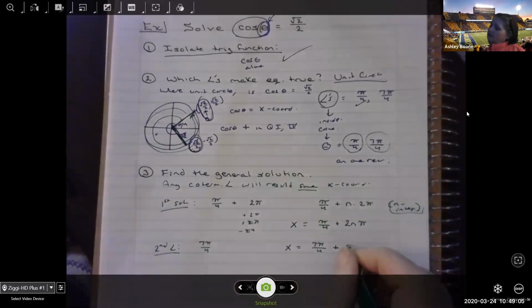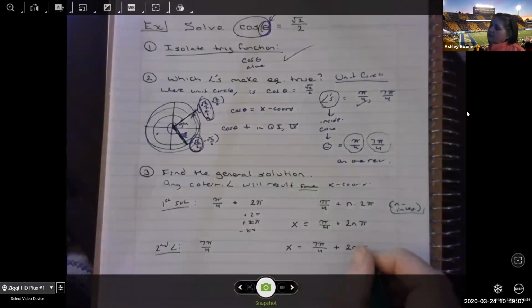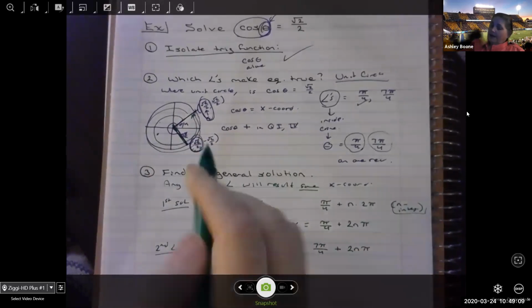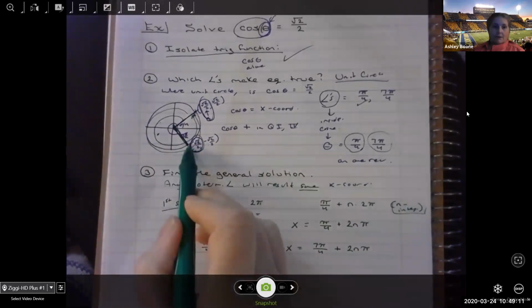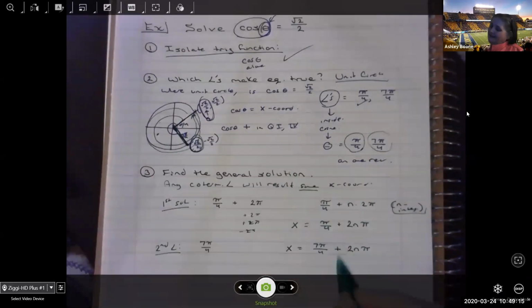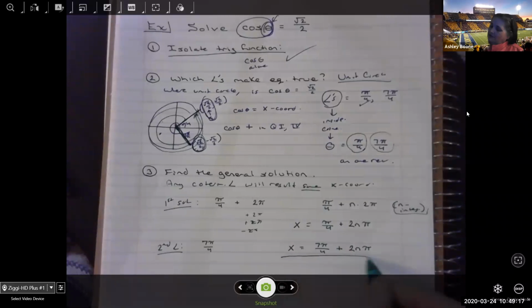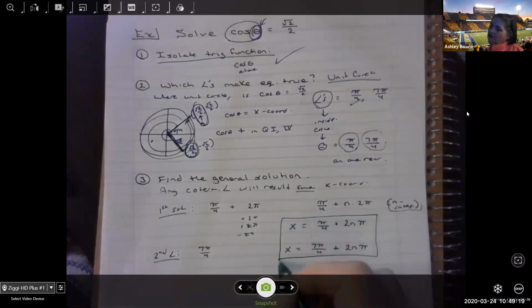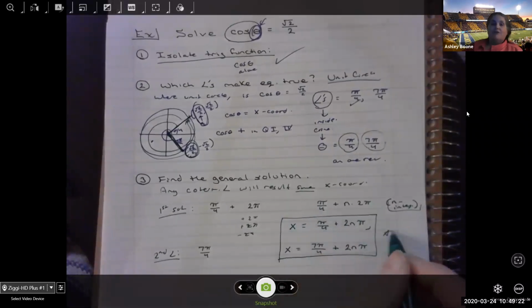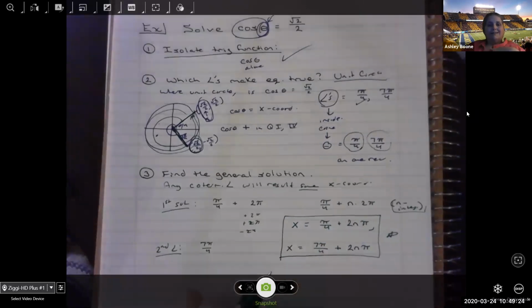If we increase or decrease by any multiple of 2 pi, we'll end up at that same terminating point. It'll have the same x coordinate, and that would be a solution. So our general solutions for this, our final solution to this equation, is pi over 4 plus 2n pi and 7 pi over 4 plus 2n pi.